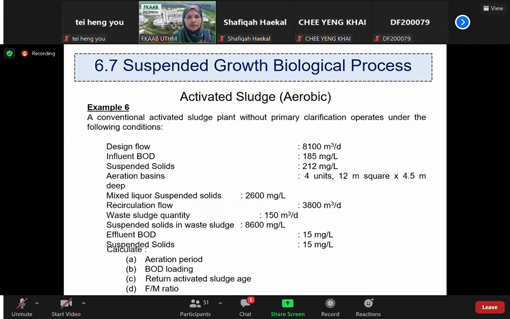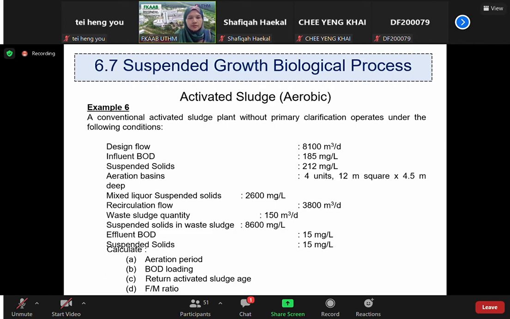Okay, another one is an example for an activated sludge plant without the primary clarification operation under this following condition. Design flow 8,100 meter cube per day, influent BOD 185, suspended solid 212, aeration basin ada 4 units, and MLSS 2,600 dan sebagainya.